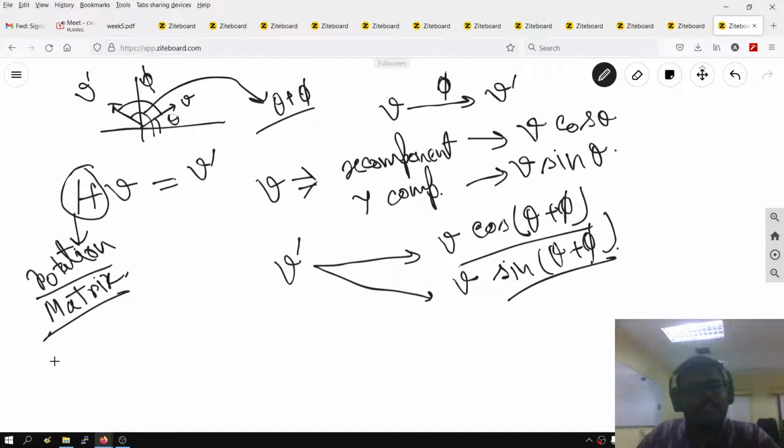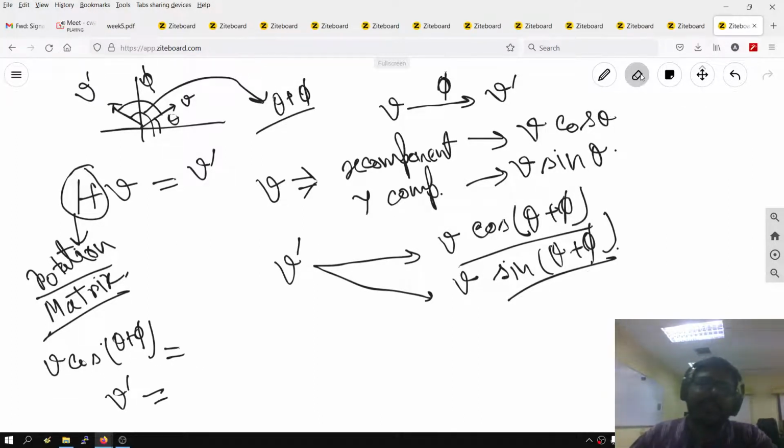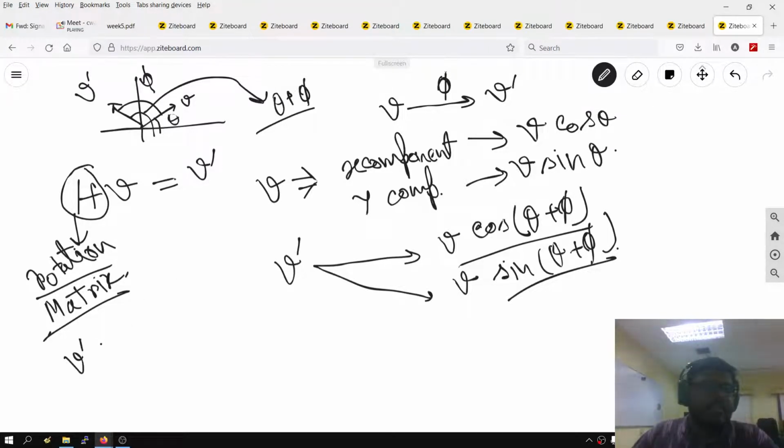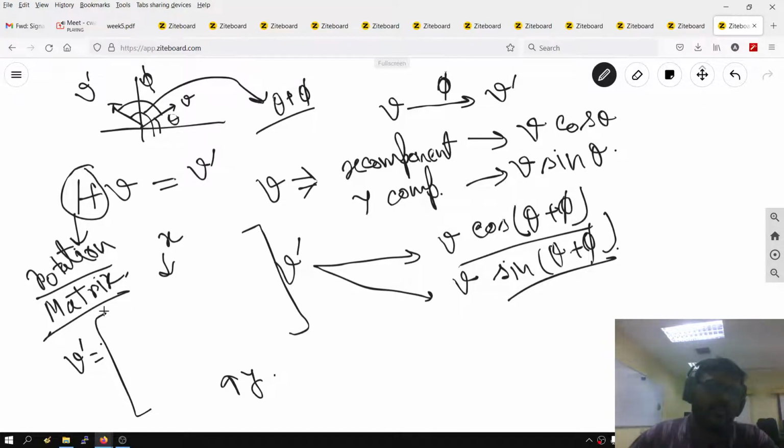So what is v cos(theta plus phi)? Let us write v dash. What is v dash in terms of a vector? I write a vector here. The first term is the x component and the second term is the y component.